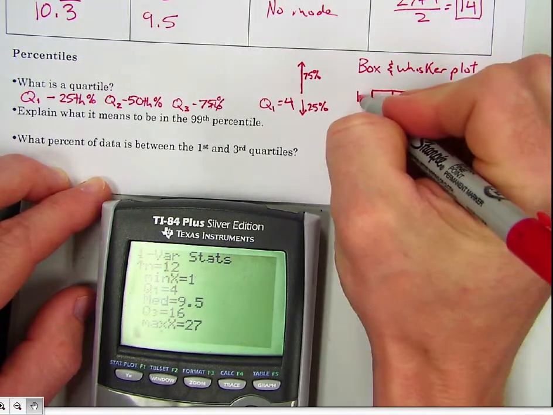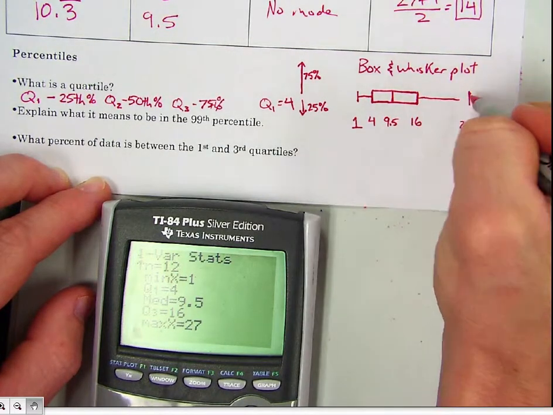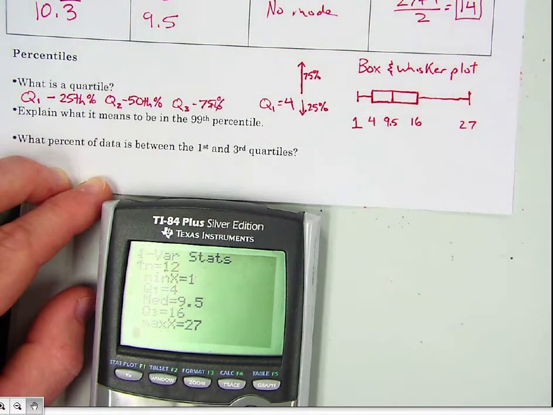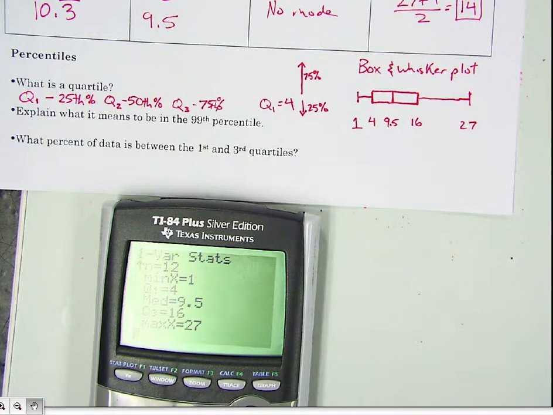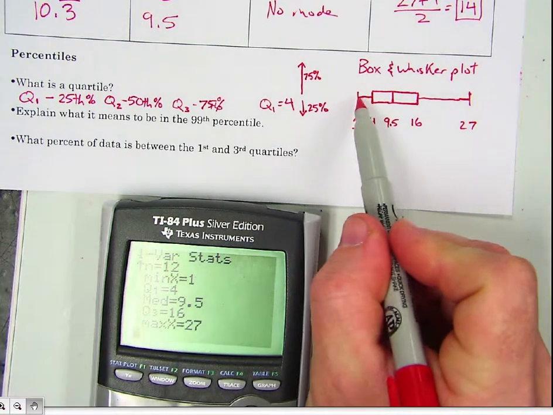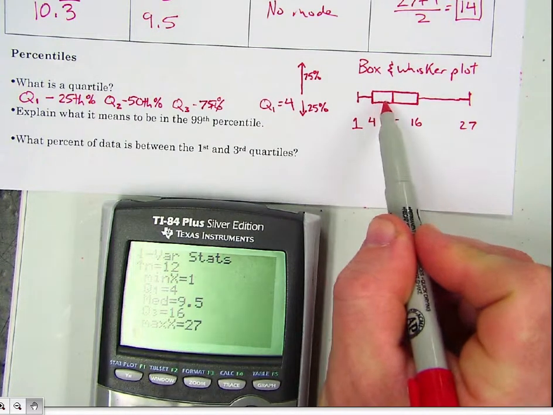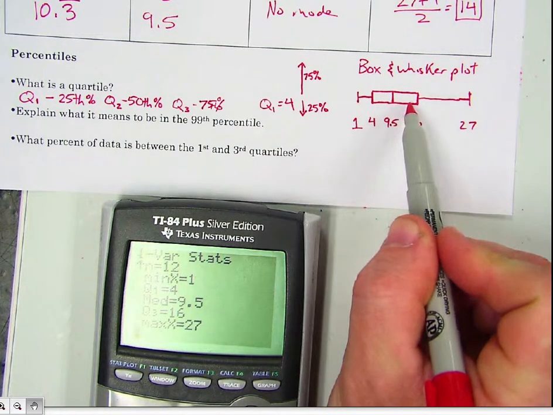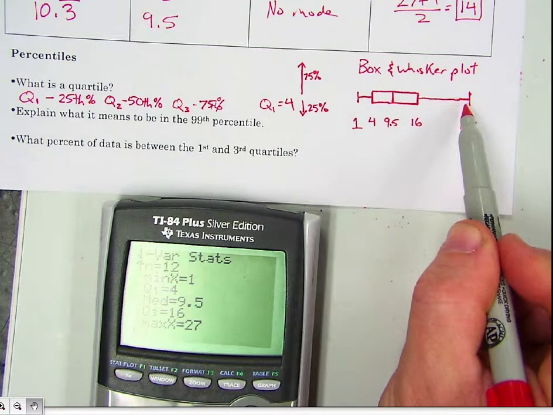And then it just connects the lowest to the box, and the box to the highest. Okay. So what it's showing us is 25% of the data falls right in here, 25% of the data falls in here, 25% of the data falls in here, and 25% of the data falls right in here.